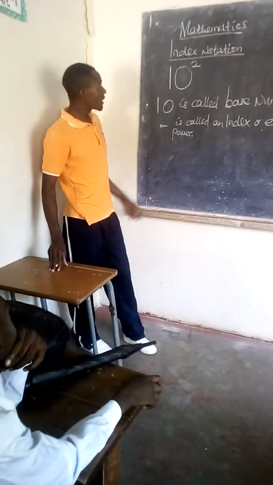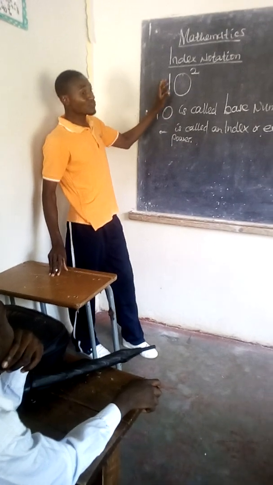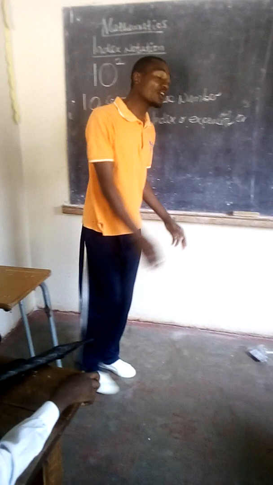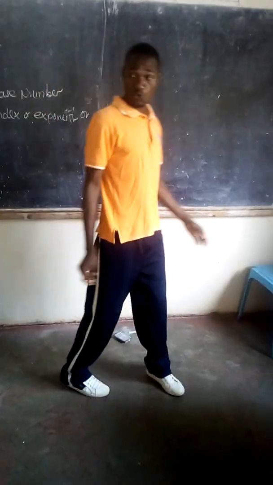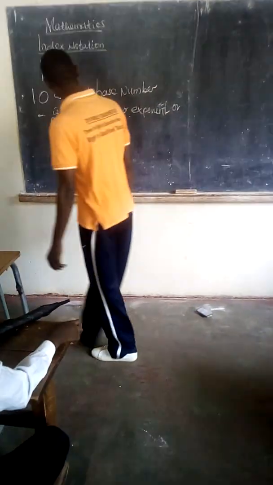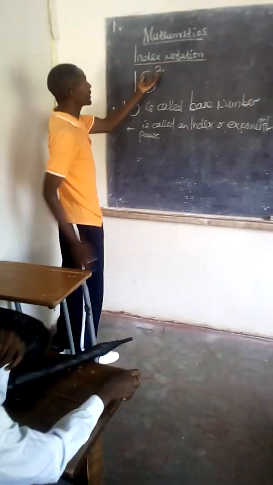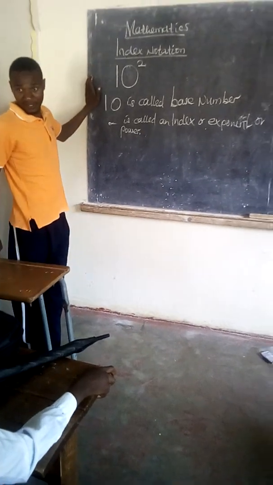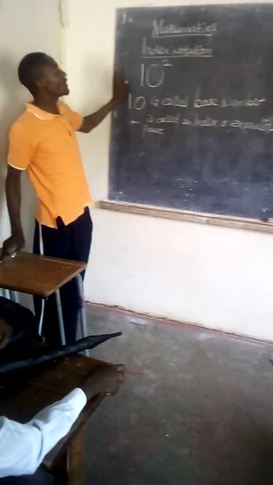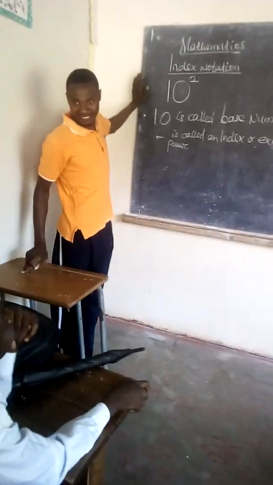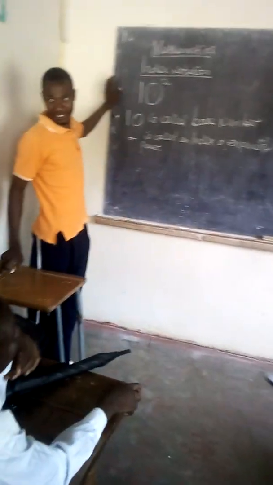If the number has the power 3, that can be called the cube. If you put 3 here, you say 10 cubed. But all in all, these are powers, or index in mathematics.